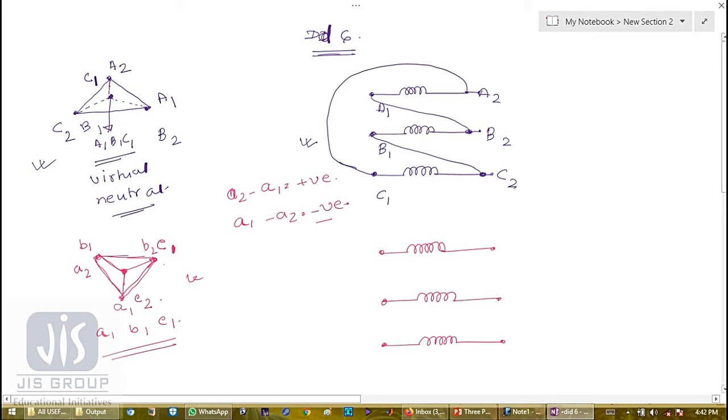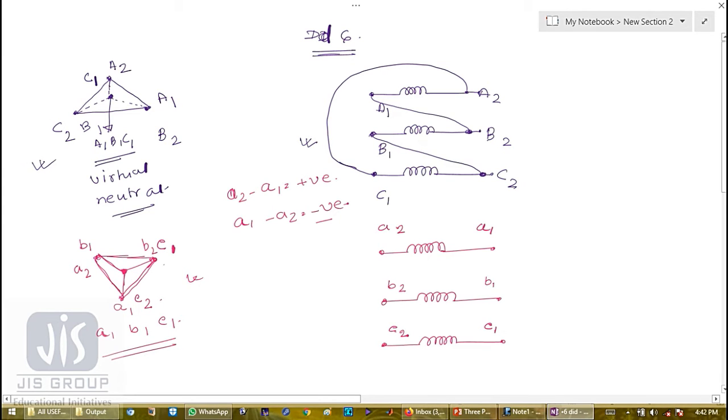What is my connection? Let me quickly keep the terminal names: A1 A2, this is B1 B2, this is C1 C2.